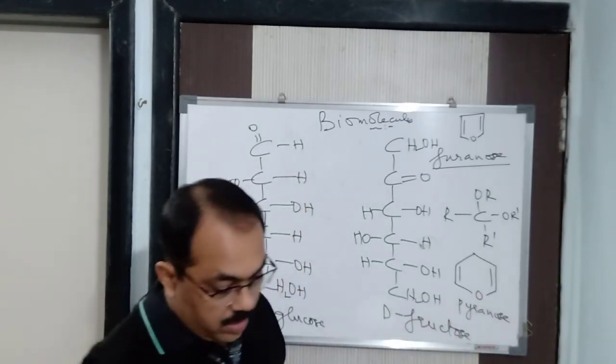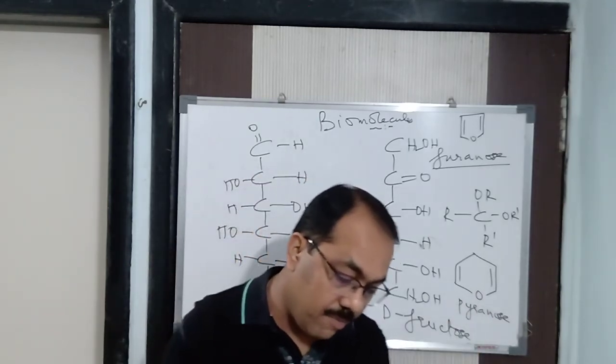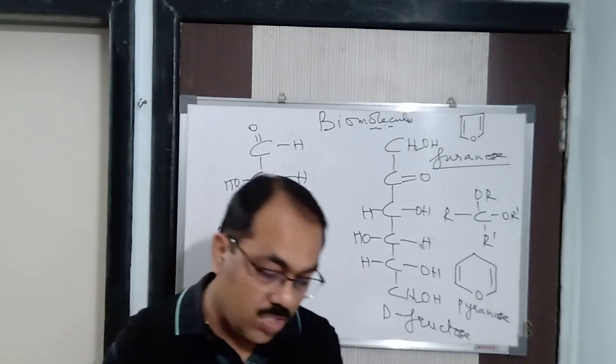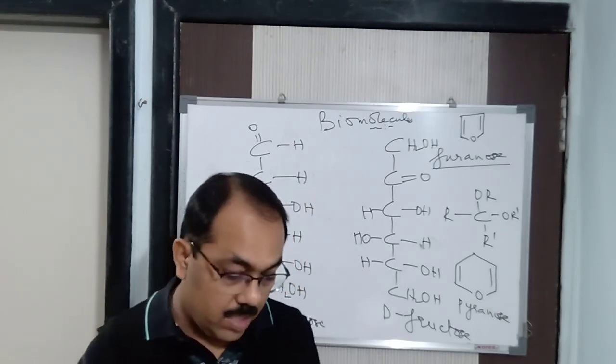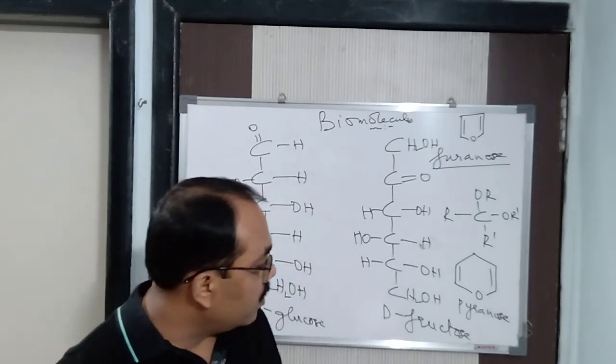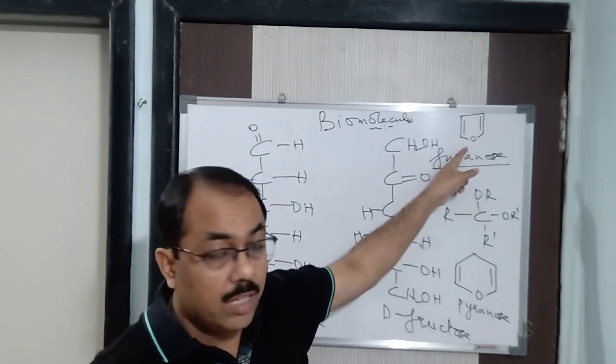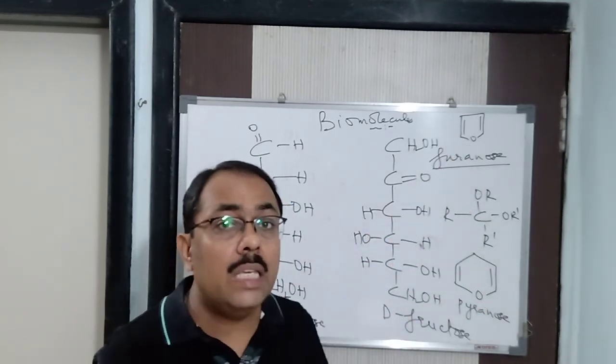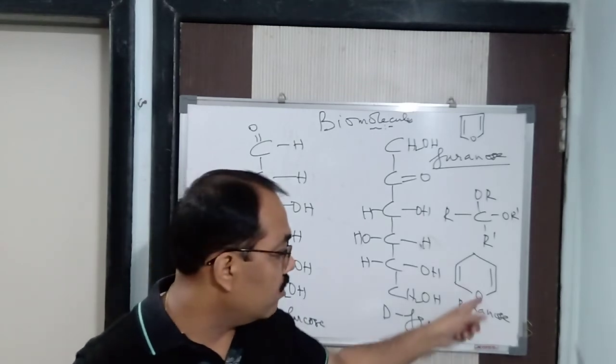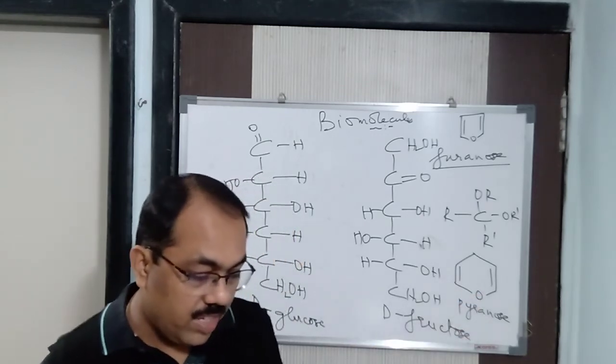Pyranose structure. If 4 carbon atoms and 1 oxygen, it is called the furanose structure. If 5 carbon atoms and 1 oxygen, it is the pyranose structure. The name of this compound is pyran and the name of the other compound is furan. Both come under cyclic ether. Ether has 1 oxygen, so it is a cyclic ether. Clear?